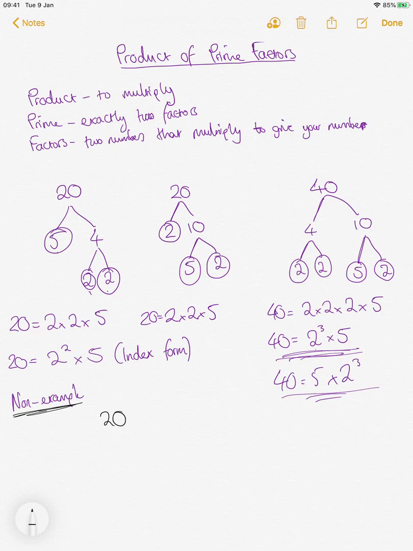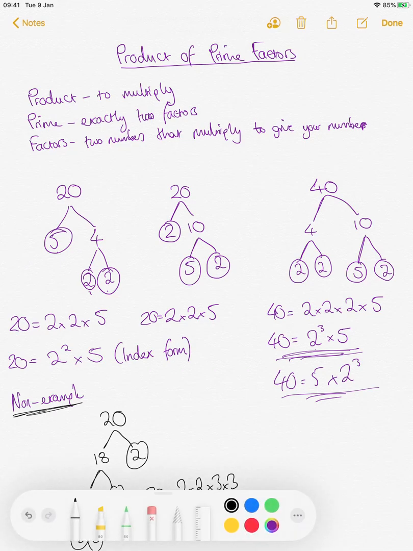Let's start with 20 again because we've done it up there, and just try and spot the mistake that I made. So I might write 20 as 2 times 2 times 3 times 3. Well, I know that's wrong because I know that it's 2 times 2 times 5.